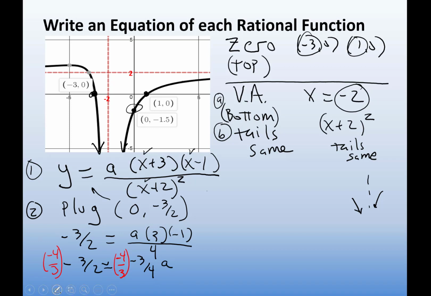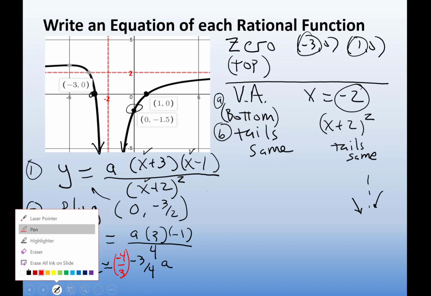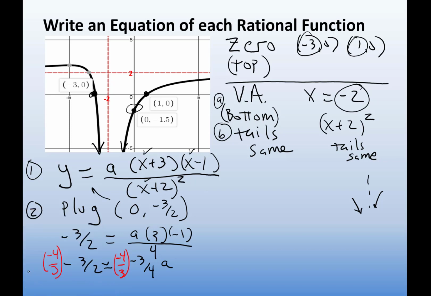And when I do that, things will cancel. The 3's cancel, the negatives cancel, and 4 cancels with that. So this is messy here. So I don't have much real estate. 2 equals, this completely cancels out a. So I just found the coefficient.